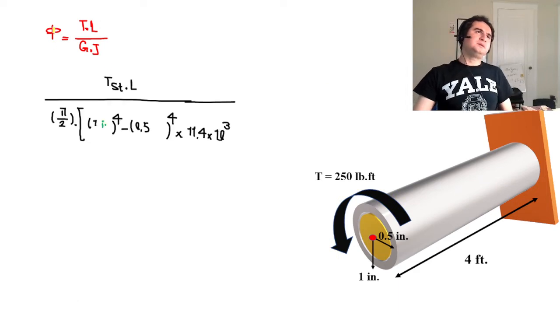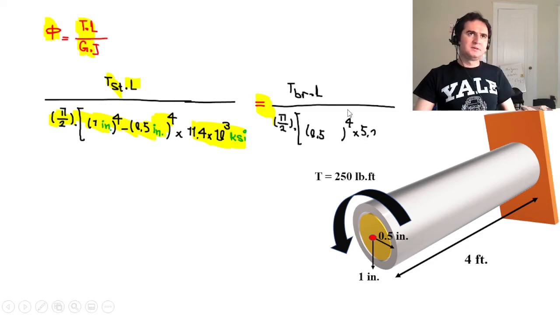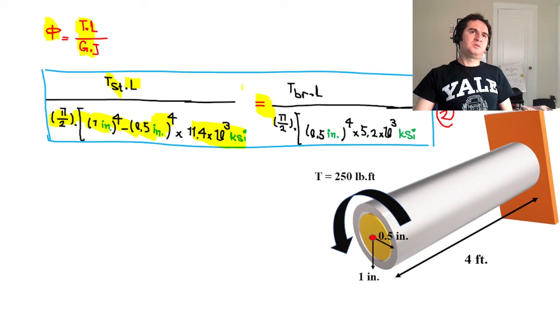So for both materials, torsion of steel times length over the polar moment of inertia for steel, which includes the outer diameter to the power of 4 minus the inner diameter to the power of 4, times the rigidity modulus for steel, equals the same term for the second material, the brass core, again because they are bonded with each other.